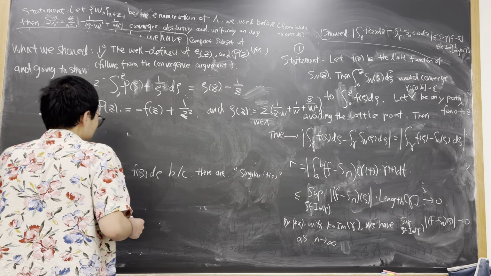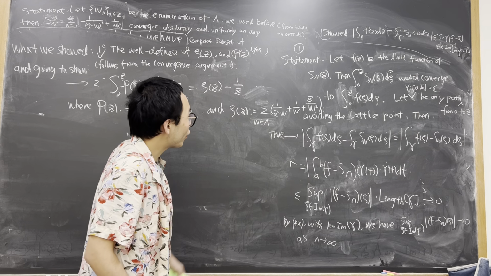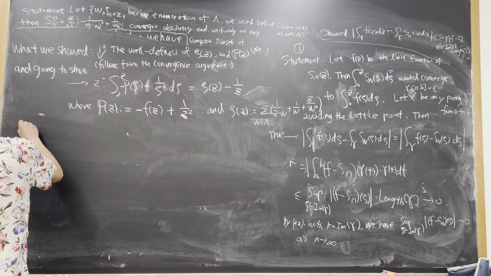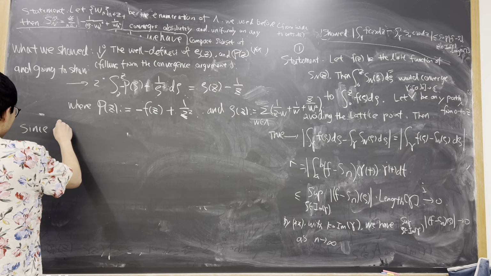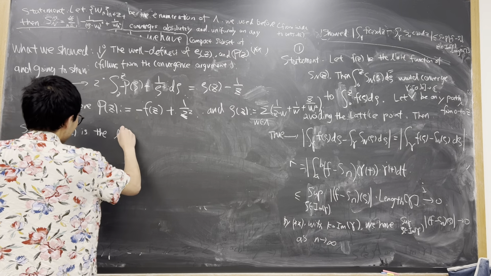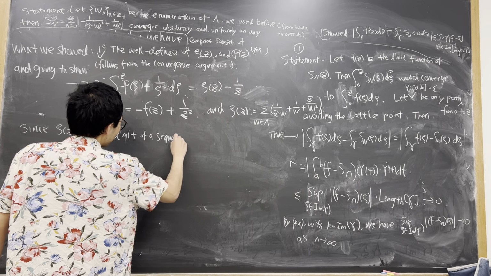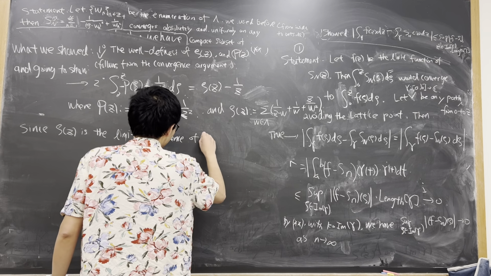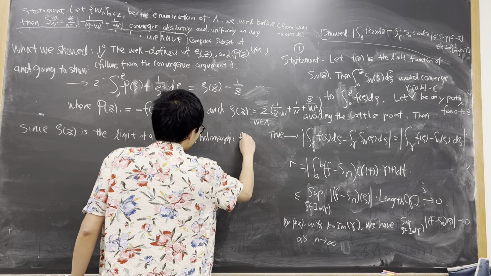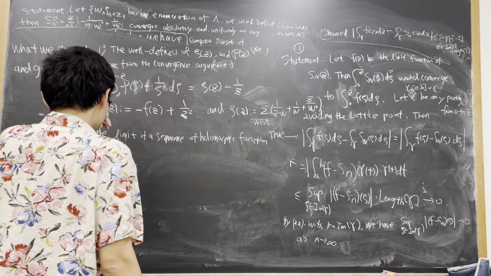so here, I just read this one. Because remember that this zeta z is a limit of holomorphic functions, right? So on the domain C minus the wedge, right? So since this zeta z is the limit of a sequence of holomorphic functions, oh sorry.